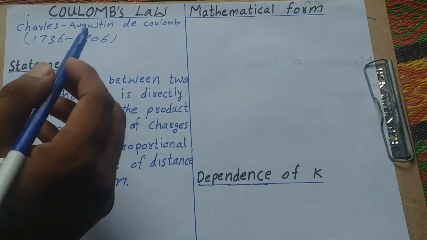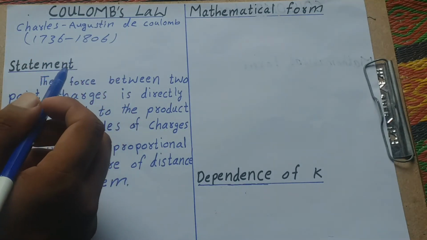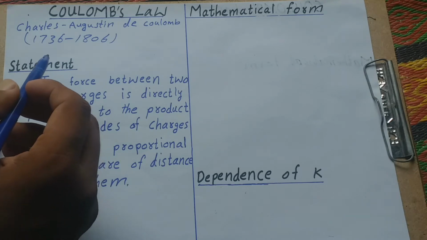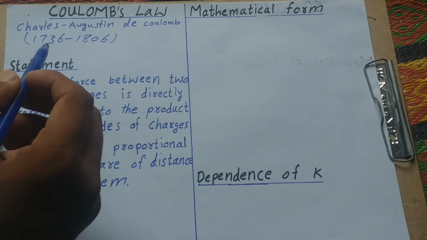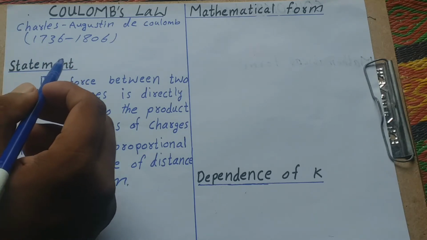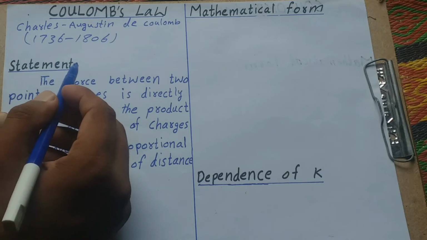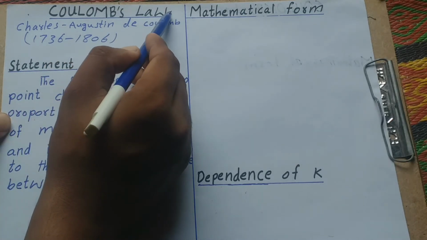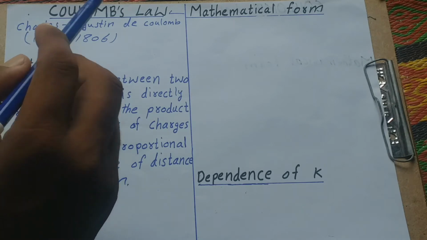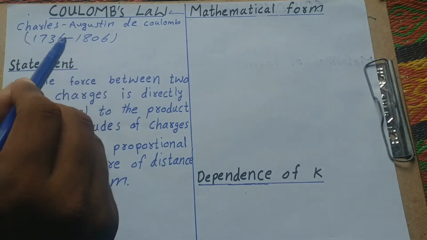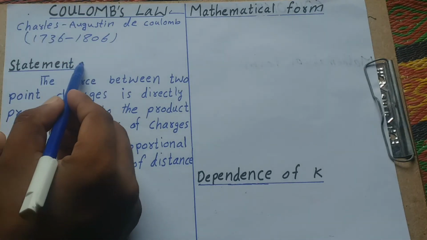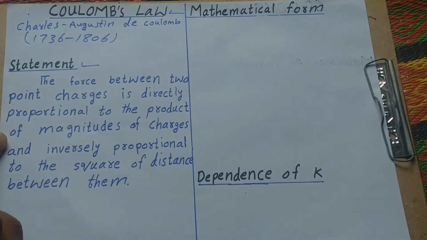He gave the name of Coulomb's law after stating his experimental observation in mathematical form, called Coulomb's law, in 1784.